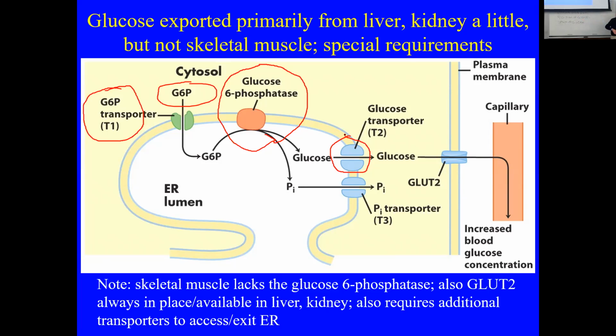Otherwise, it would simply convert the glucose back to glucose 6-phosphate and preclude glucose from being present in the cytosol for export. So, a complicated process to get it out of the cell and into the circulation.